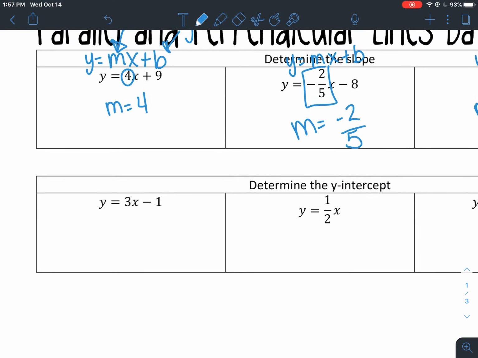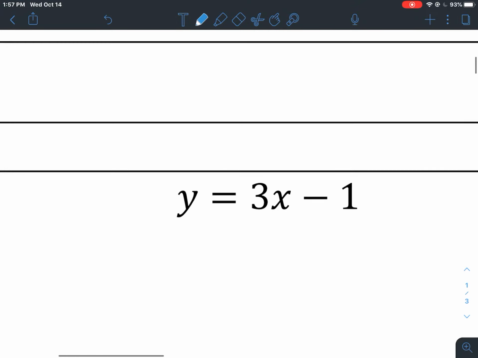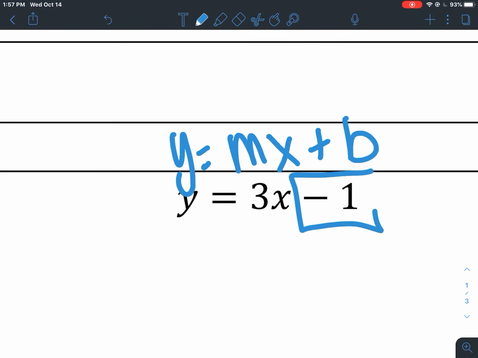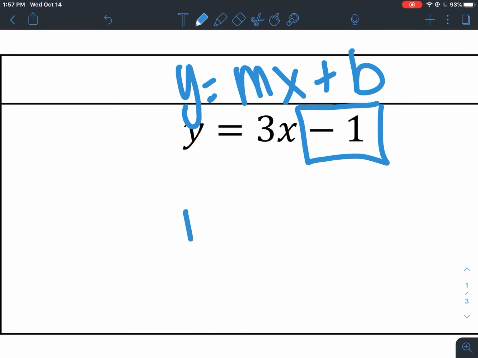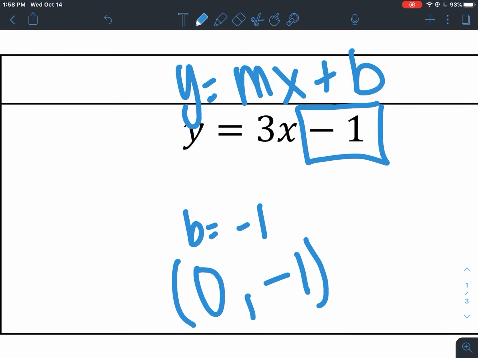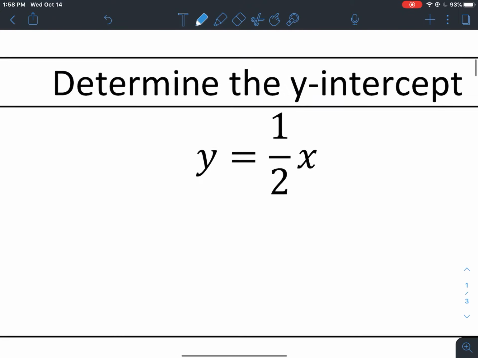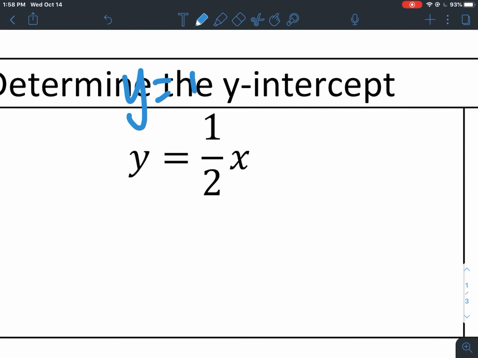And then for the second 3, we're going to determine the y-intercept. y equals mx plus b. Here is my y-intercept, b equals -1. Specifically, if we write it as a coordinate, it's 0, -1. The second one, y equals mx plus b.